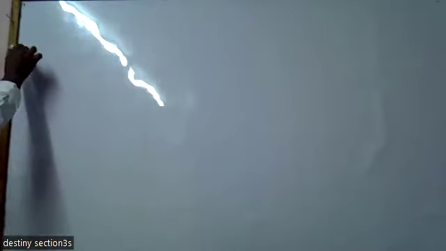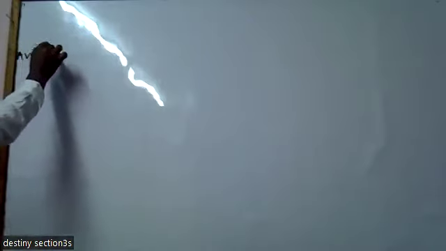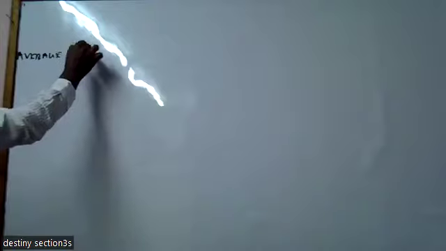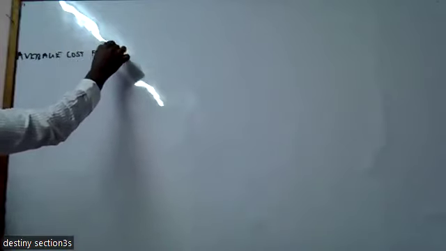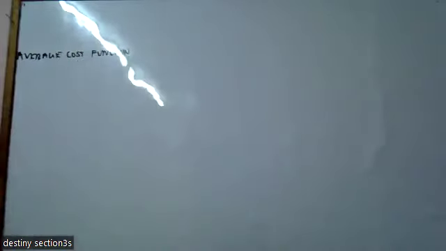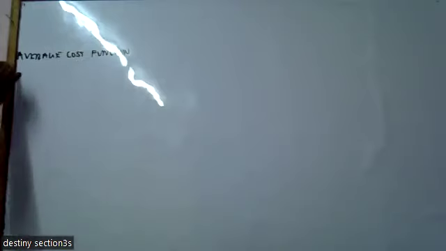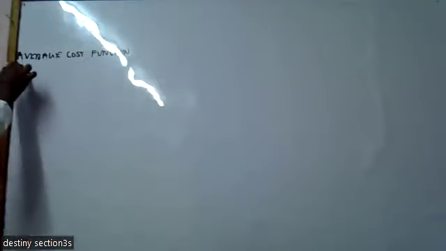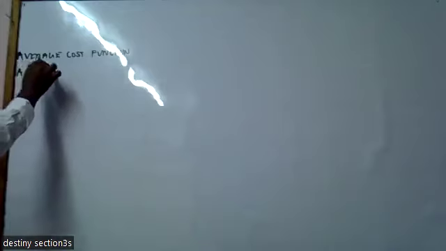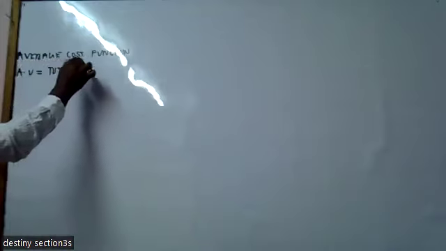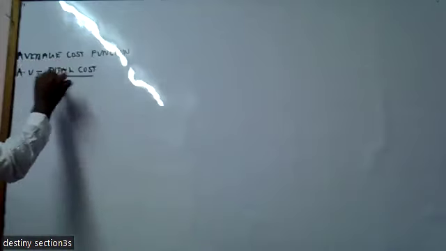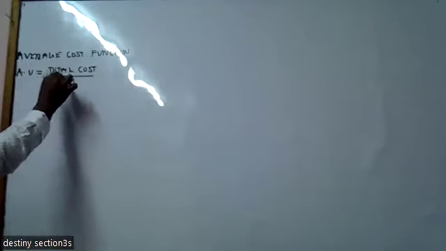the first thing, we get the average costs. So we write the average cost function. The average cost will be the total cost divided by the number of units.